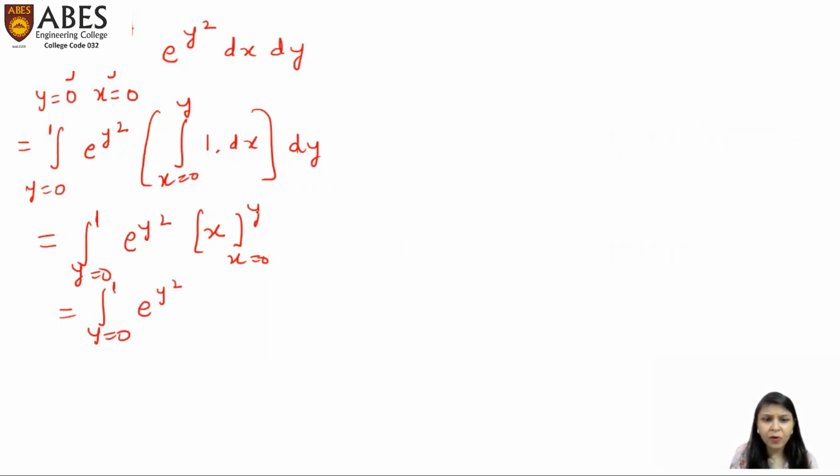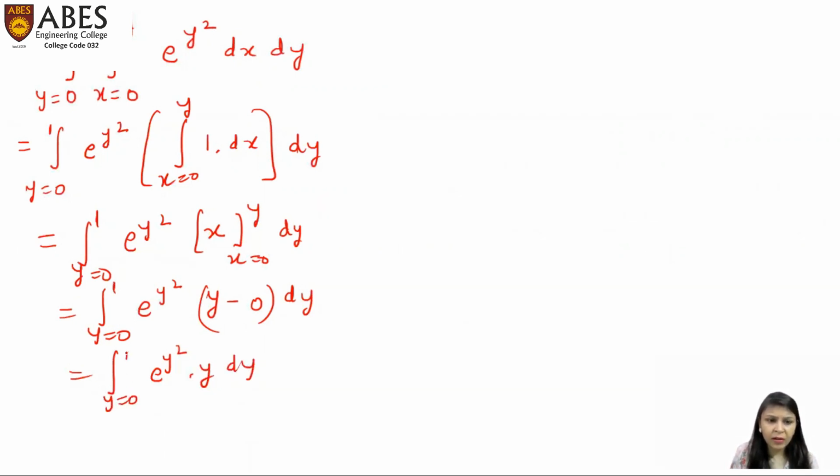The upper limit of x is y, so we put y in place of x, minus the lower limit, putting 0 in place of x, this will be 0. So the final answer will be exponential y square, y dy, and the limit will be y equals 0 to 1.